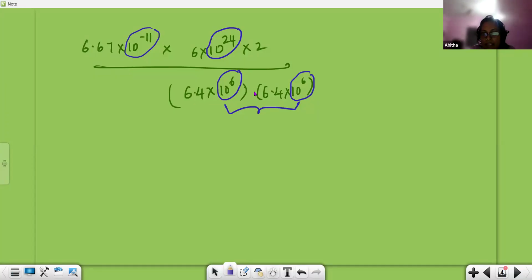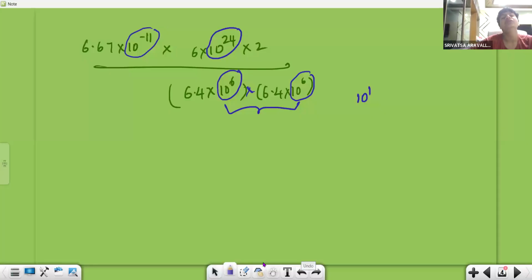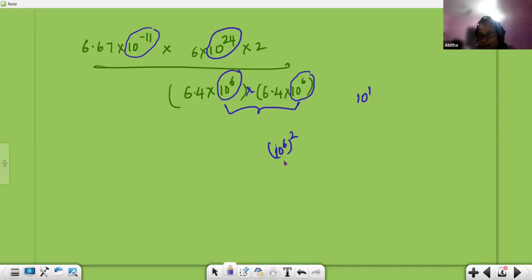So 10 power 6 into 10 power 6, that gives me 10 to the power of 6 and another 10 to the power of 6.